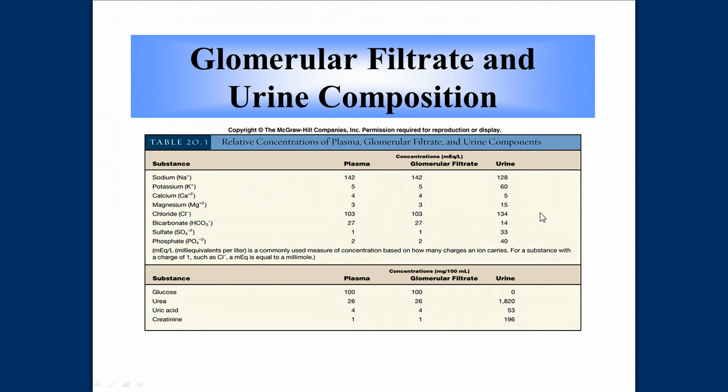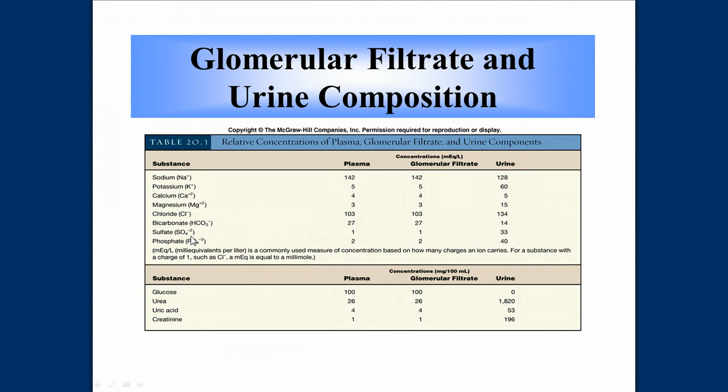So in that tubular secretion, you would get rid of more potassium, more magnesium, more chloride, and bicarbonates may be reabsorbed to maintain the pH.